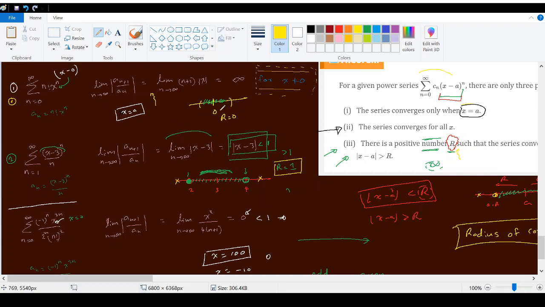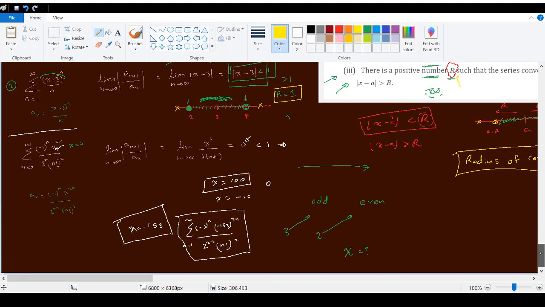In that case, with this same sense of the interval length, you can say that it has a 0 radius. In other words, it only converges at the center point. And remember, all power series will converge at the center point, because you will get only the C0 term when you substitute the center point. So here the radius is 0.